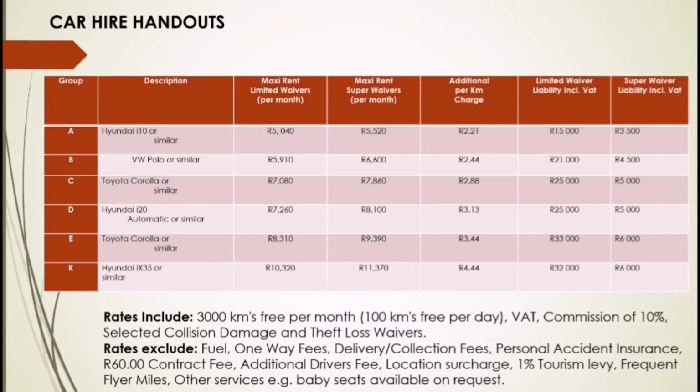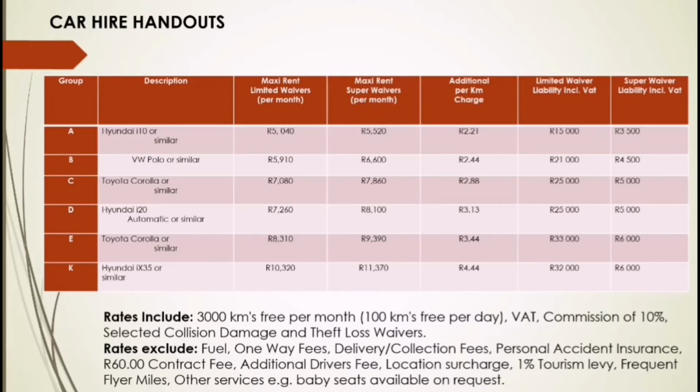The rows that follow under each group, you have group A, which is the Hyundai i20 or similar, will be charged at 5,040 rand under the limited waiver, and then it will be charged at 5,520 under the super waiver.